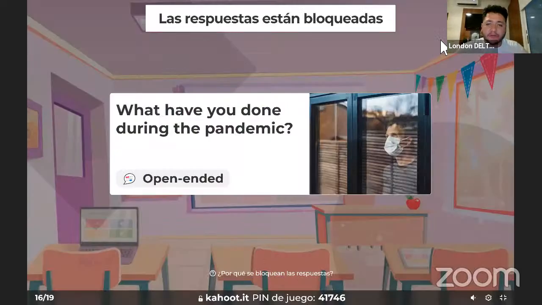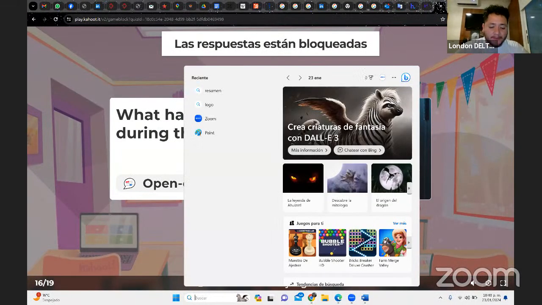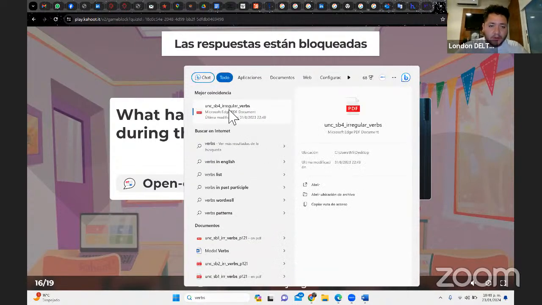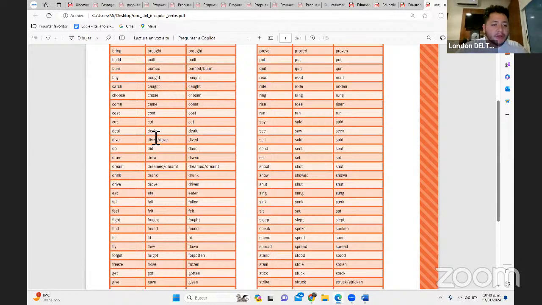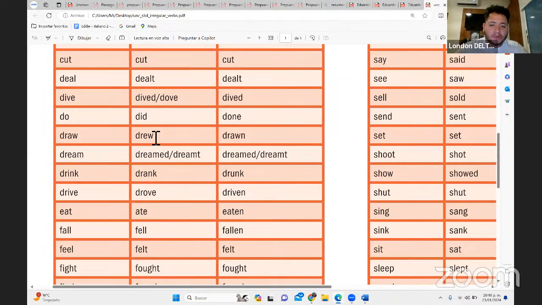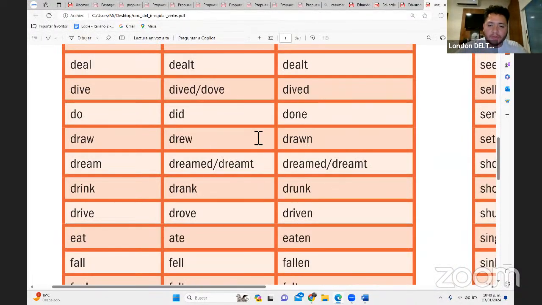Y ese sería el verbo. Let's check. Gabriel, so what is the past participle form of the verb do? ¿Cuál es la forma del pasado participio de do? Nos pusiste did, but what is the one that we need?